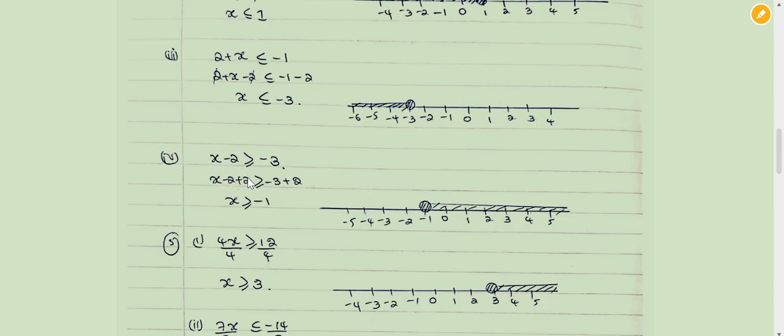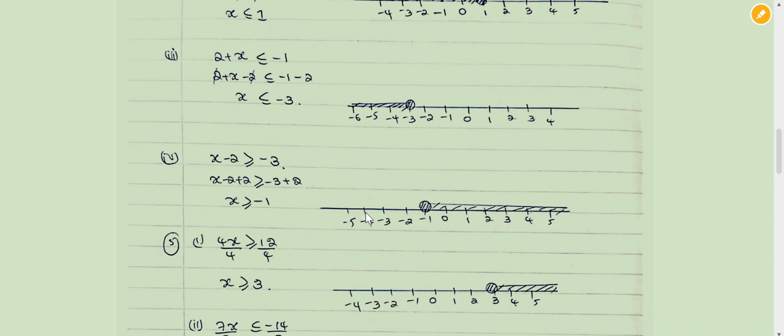For that you add positive 2 to both sides. When you add positive 2 to both sides, minus 2 and positive 2 cancel and x is alone, and minus 3 plus 2 means minus 1. So x is greater than or equal to minus 1.